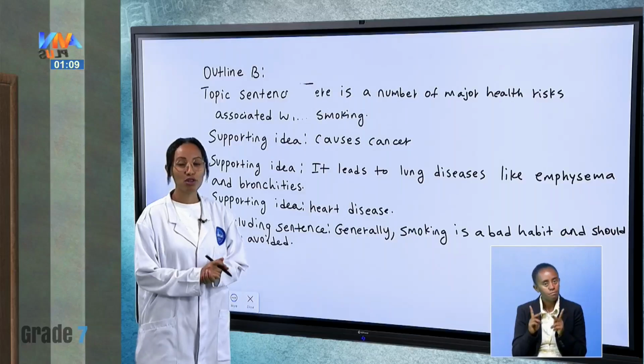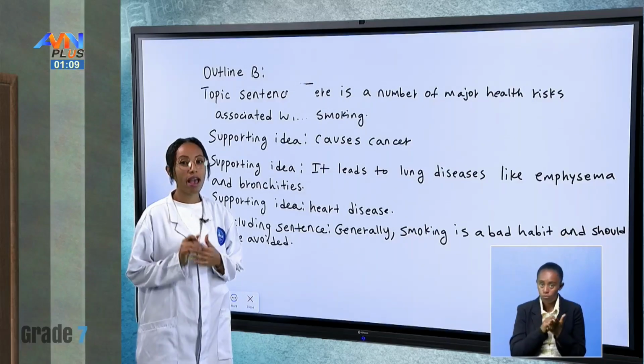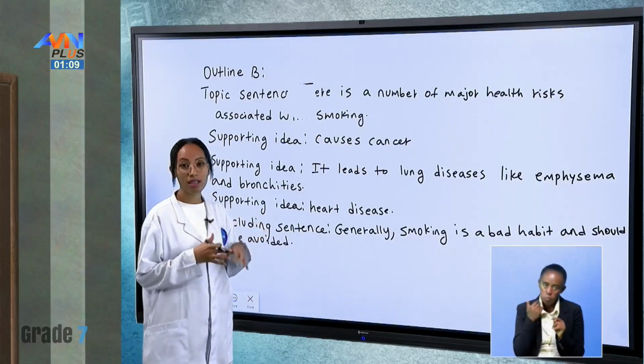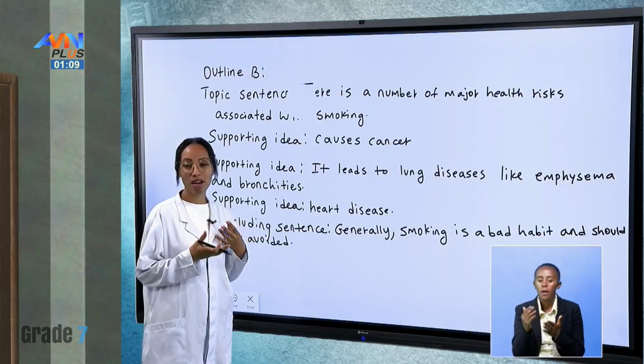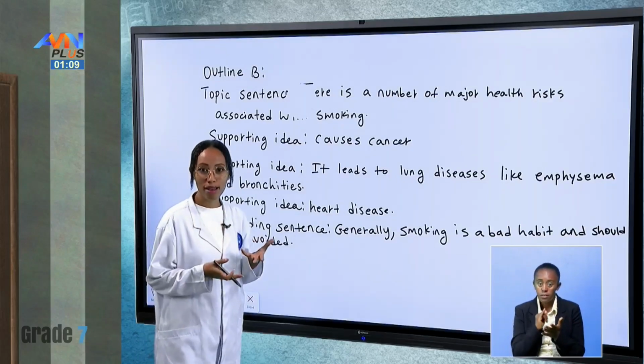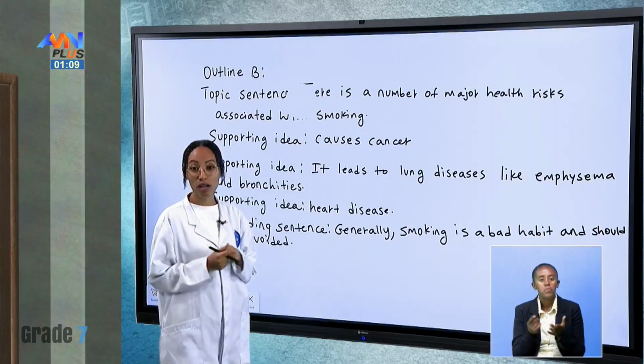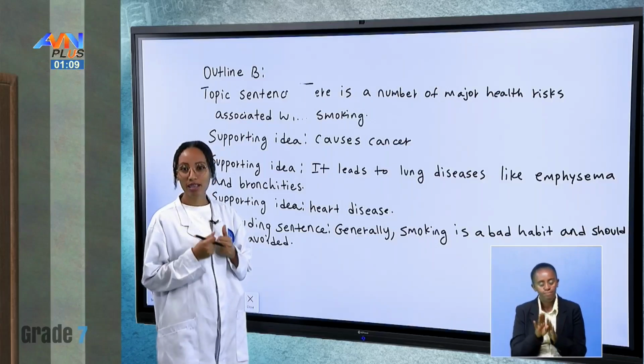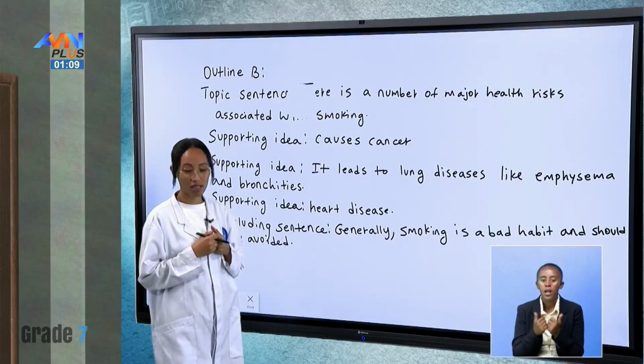Okay, I'm sure you all tried your best to write a good paragraph that is unified, coherent, and well developed. So let's write it together and see how it is written.